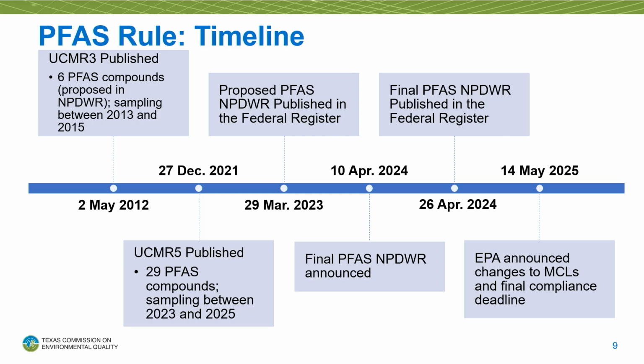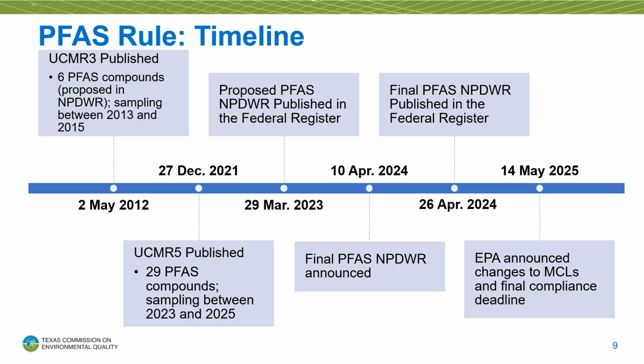So to give a little bit of a timeline of how the PFAS rule came to be, how PFAS has been present in regulation. With UCMR 3 that was published in 2012, 6 PFAS compounds were sampled, and that sampling was between 2013 and 2015.